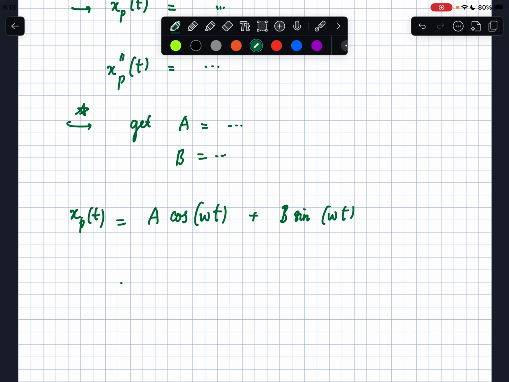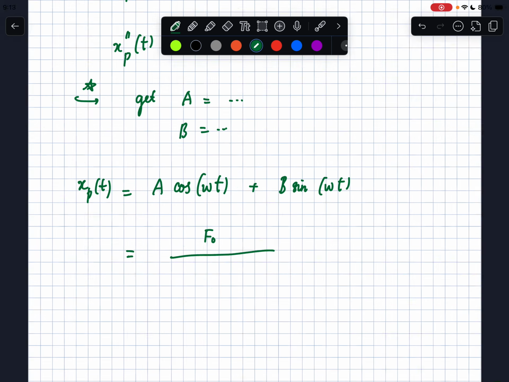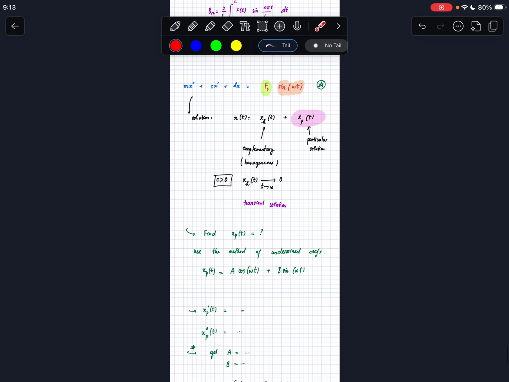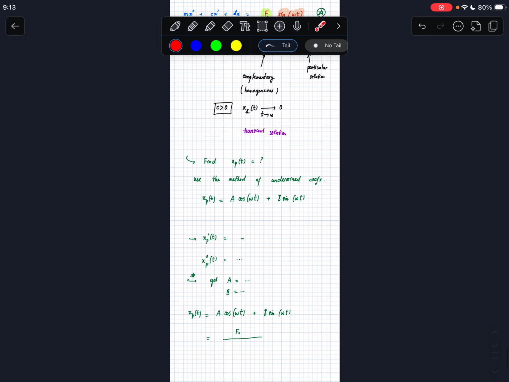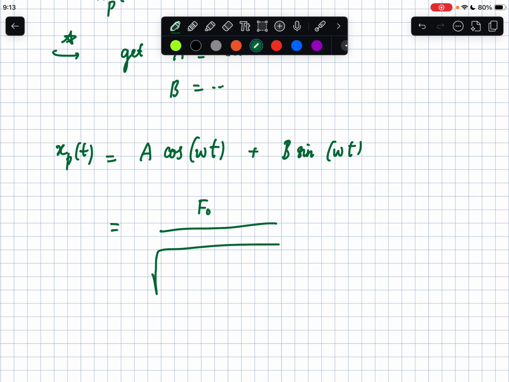This gives us something like this: F0 over the square root of (k − mω²)² + (cω)², times sin(ωt − α).